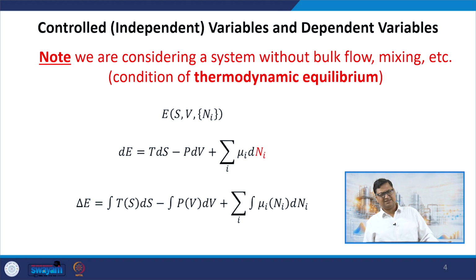And what this means, just like chemical equilibrium, where we have said that the forward reaction rate is equal to the backward reaction rate: in the condition of equilibrium, whatever change is happening in any property, let us say pressure, volume or temperature, whatever change is increasing that property is balanced by the changes that lead to decreasing that property.